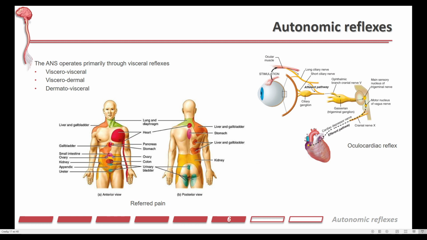Now, viscerodermal: if there are some pathological processes in inner organs, we have certain projection areas on the skin. This is so-called referred pain, which can be used as a symptom of that organ damage. The one you might be familiar with is about the heart, like myocardial infarction.